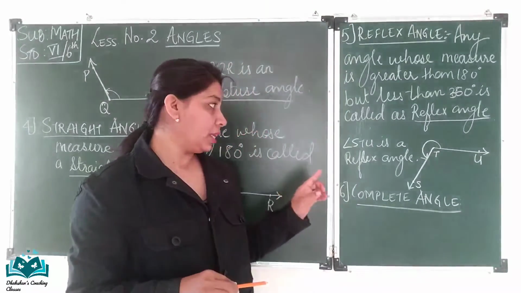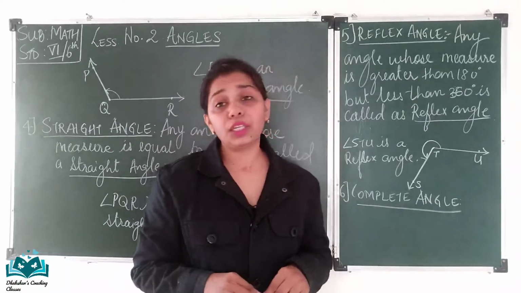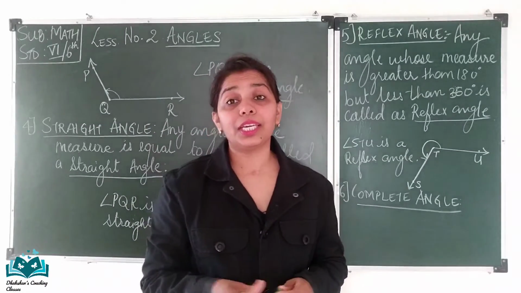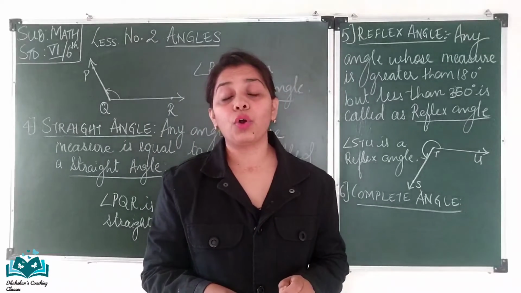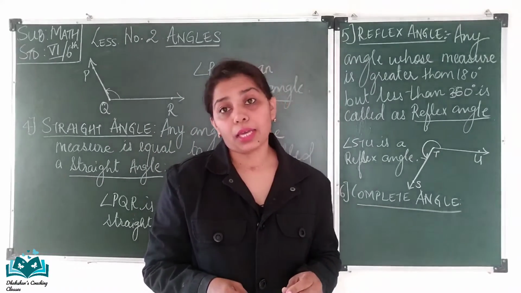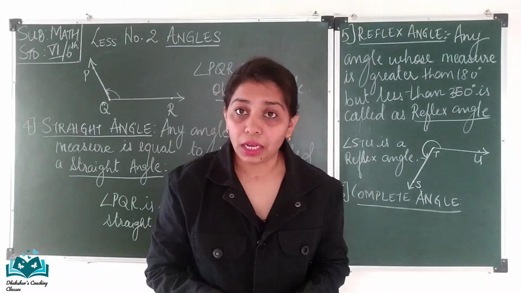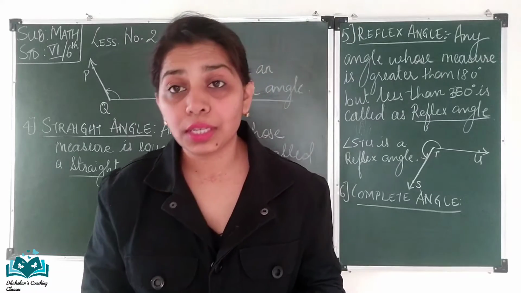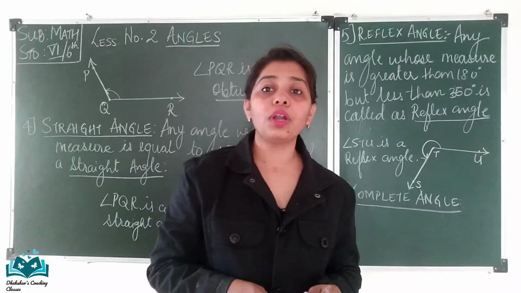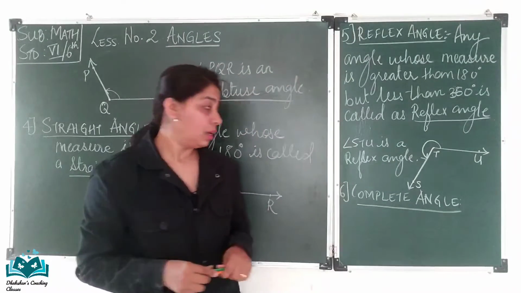Now, when this line ST meets TU, it will be taking one complete rotation. That is called as your complete angle. Any angle whose measure is equal to 360 degree is called as your complete angle.